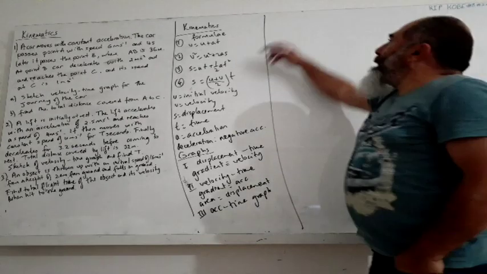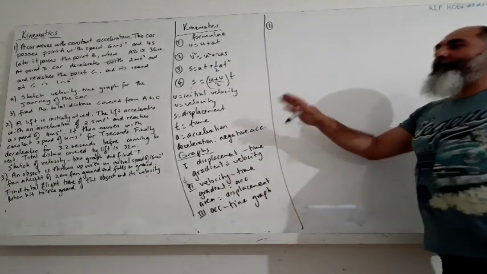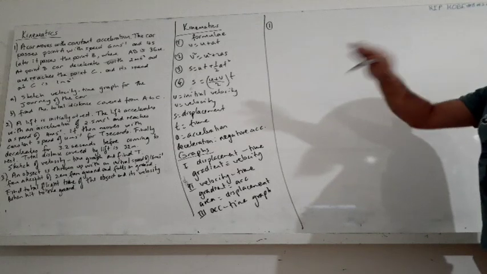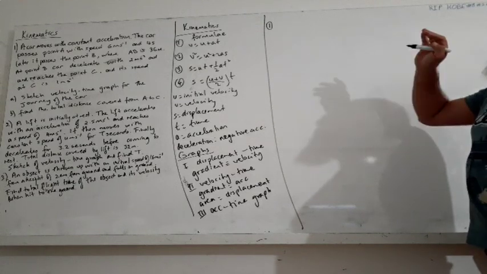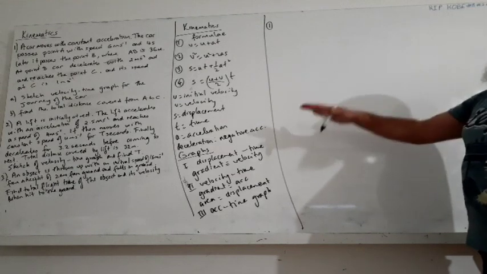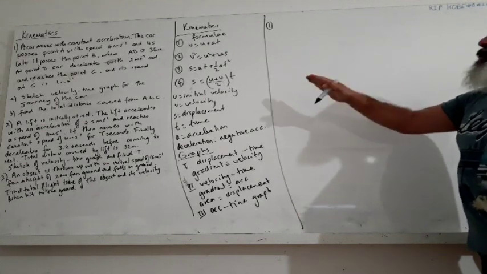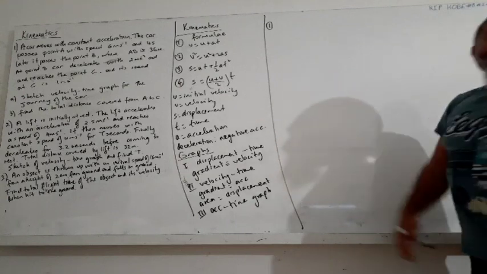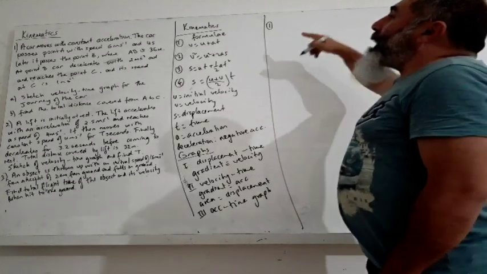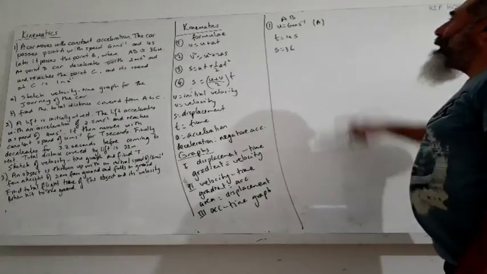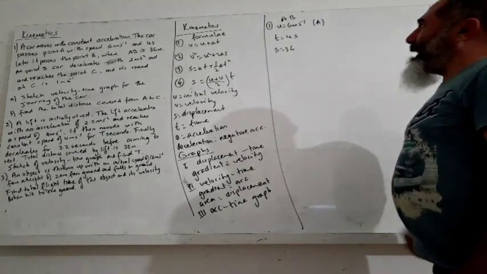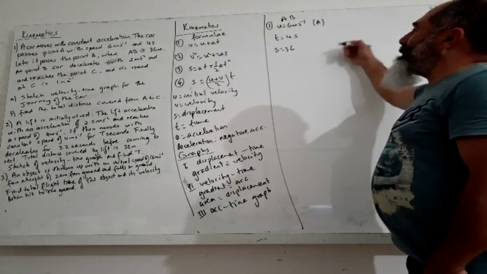Let's read question 1. Acceleration is constant. In M1 we don't have any variable acceleration. Acceleration is always constant in kinematics questions. So here the car passes point A with speed. Can we find the acceleration here? What is the formula that we can use?